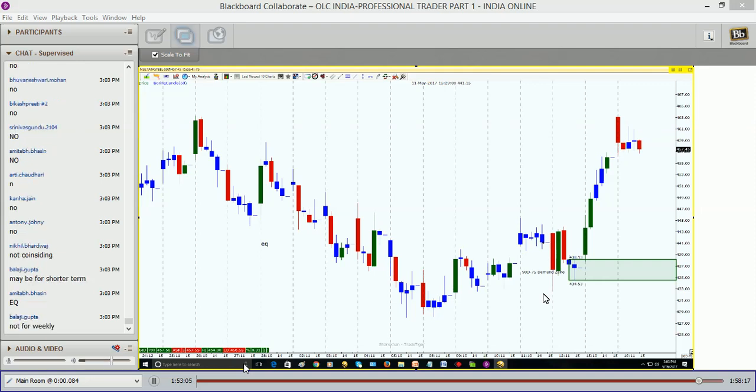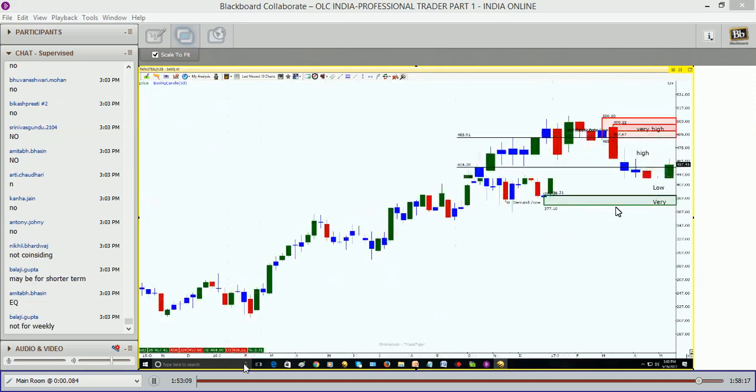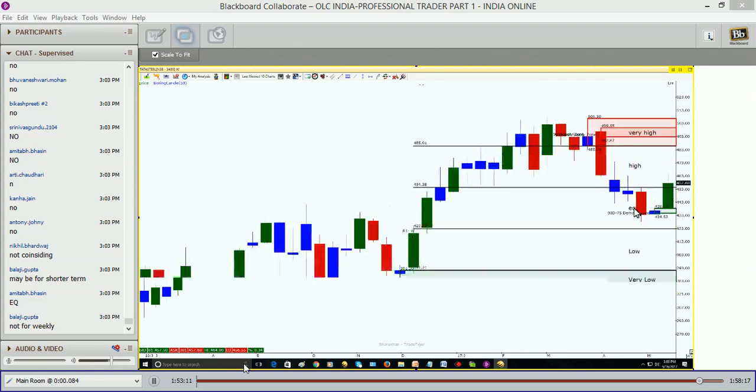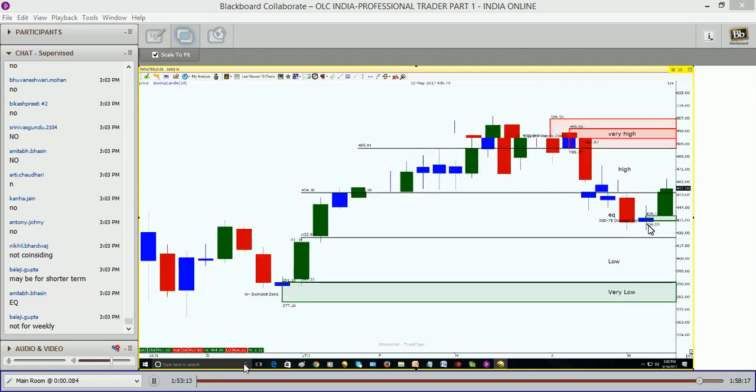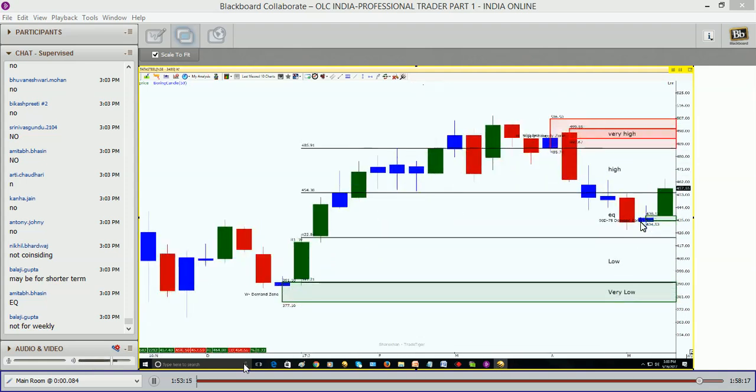No, because this level from 434 to 438. Where is 434 to 438? See where this zone is coming. This zone is coming in equilibrium. If I'm looking for a buy opportunity, am I supposed to look at the lower end and the very lower end of the curve? Am I right or wrong, friends?